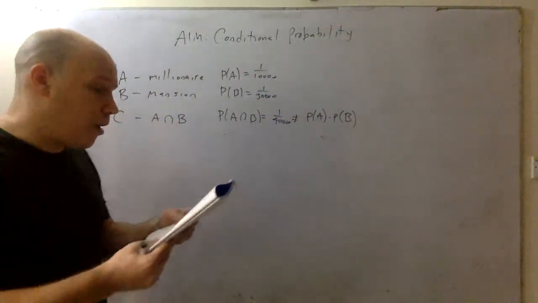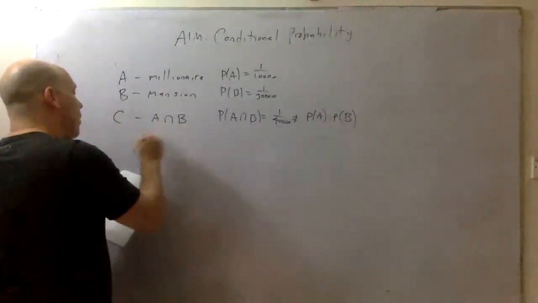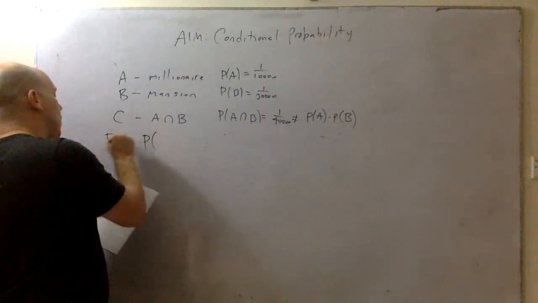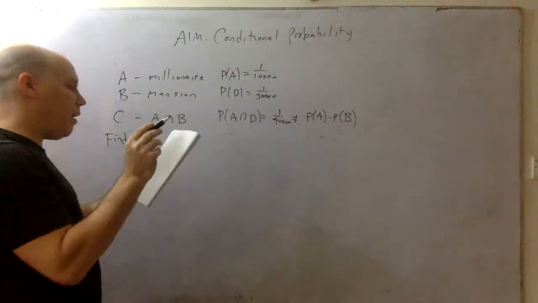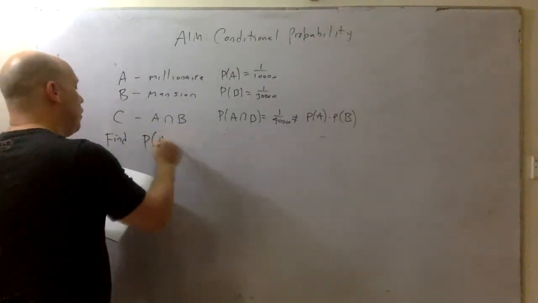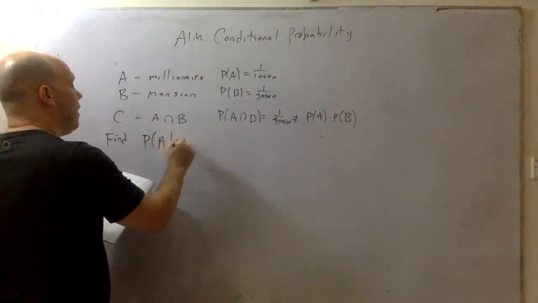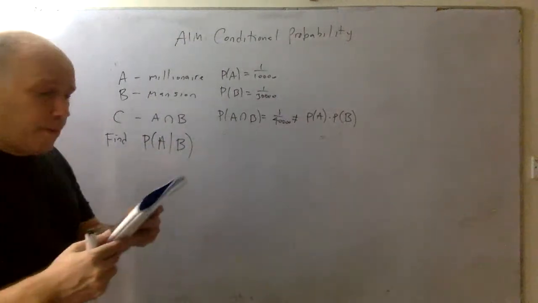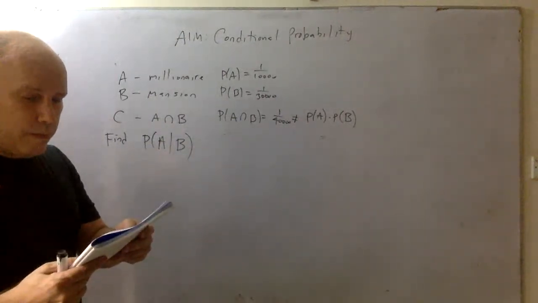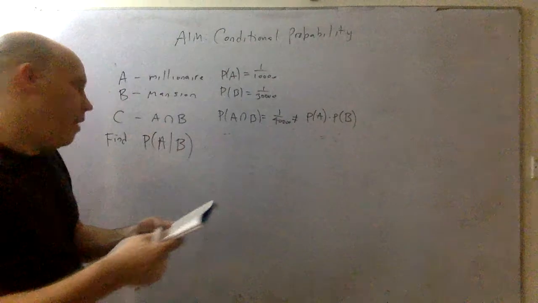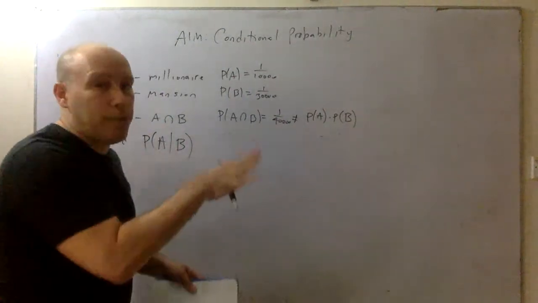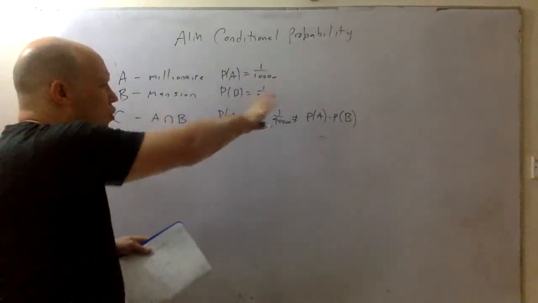Well, they want us to find the probability that you're a millionaire given you live in a mansion. And so this is strict formula. I mean, you don't want to make a Venn diagram, I'm not really sure.